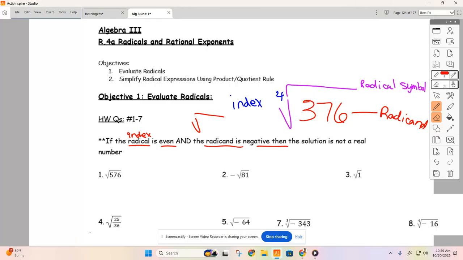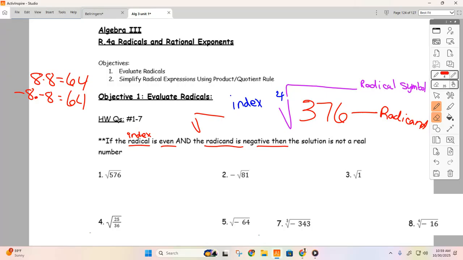So let's look at number 5, okay? Think about the ways to get 64. If I multiplied 8 times 8, I get 64, correct? What is negative 8 times negative 8? It's positive 64, right?